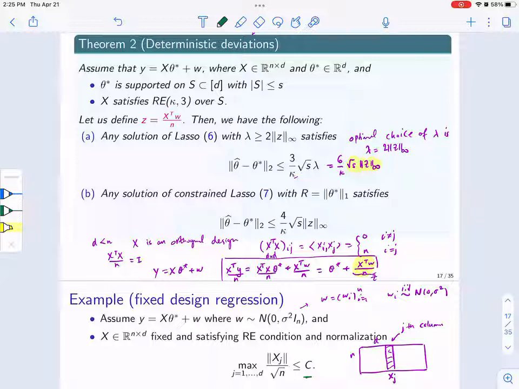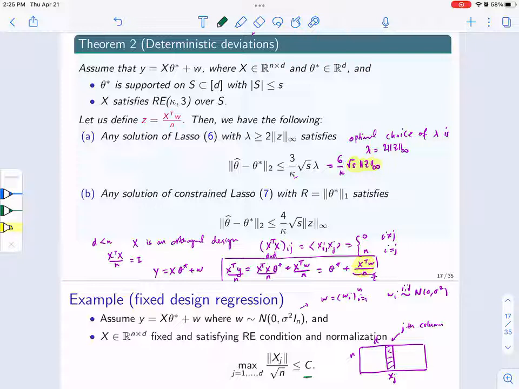The lasso succeeds, or the constraint region succeeds, if these deterministic conditions hold. So lambda is bigger than the quantity. And then you verify, for example, that when you have stochastic noise, for this to hold with high probability, lambda has to be bigger than this and that. And this holds, for example, with high probability for Gaussian design and so on.